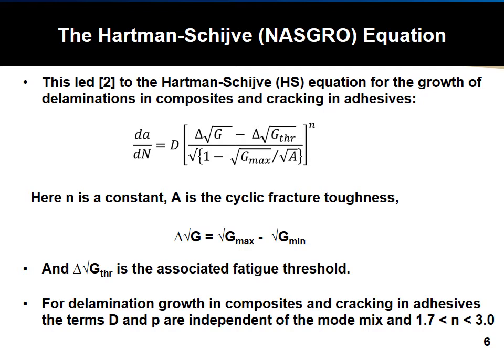The term delta square root G threshold is the associated fatigue threshold. For delamination and crack growth in composites and adhesives, the terms D and P are independent of the mode mix, and P normally lies in the range of approximately 1.7 to approximately 3.